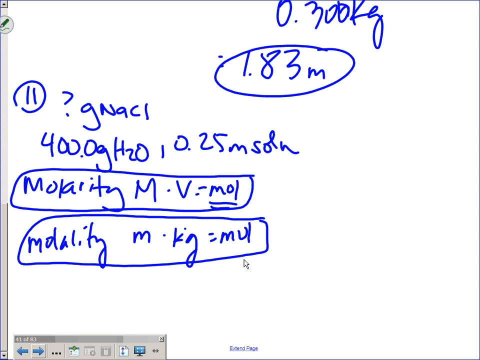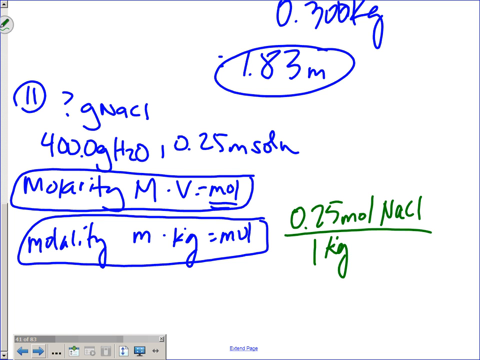So molality in this case is 0.25 molal, right? But that's moles of who? Who's my solute? NaCl. And that's per 1 kilogram of who? Who's my solvent? H2O, okay?